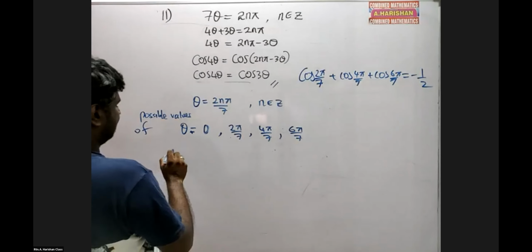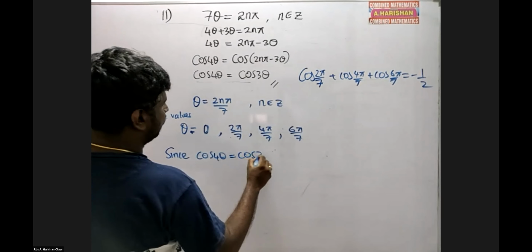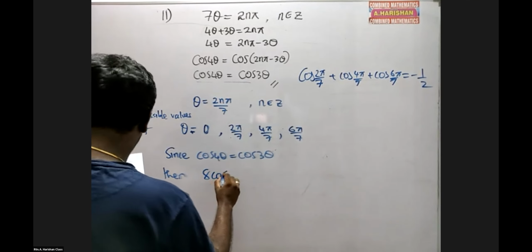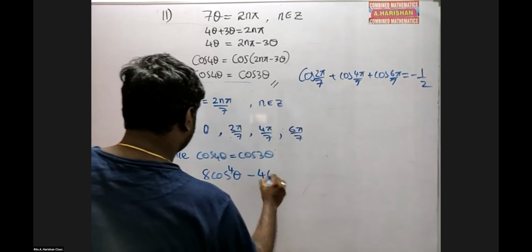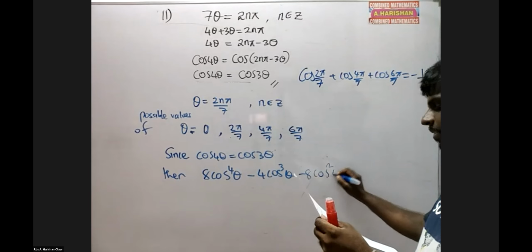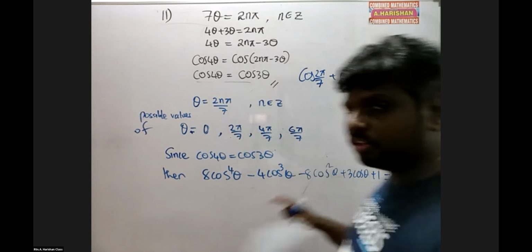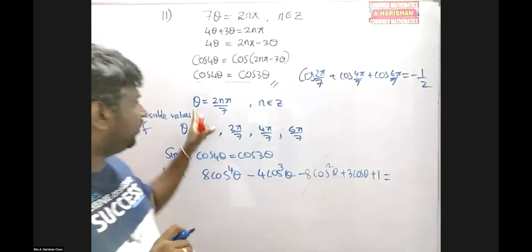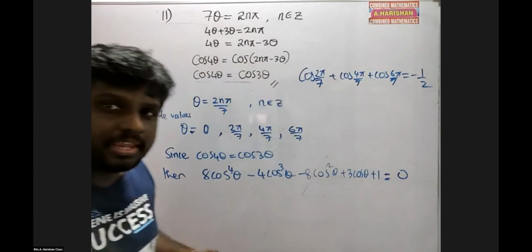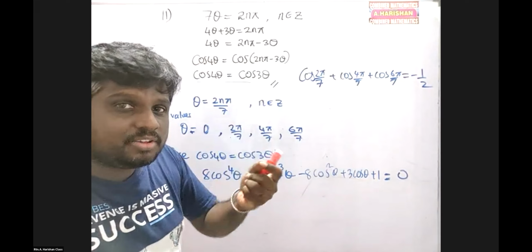Since cos 4 theta equals cos 3 theta, the expression 8 cos to the power 4 theta plus 3 cos theta plus 1, which we have shown earlier is cos 4 theta minus cos 3 theta, is going to be 0. Is it clear? So from cos 4 theta equals cos 3 theta, these are the values you have for theta.